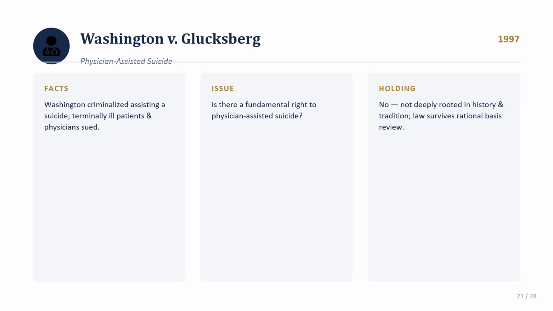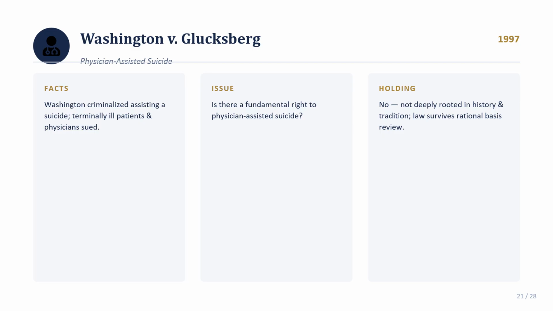Okay, so the facts of the case: this is physician-assisted suicide, I should say. Washington State had a law criminalizing assisting a suicide. So terminally ill patients and physicians who wished to participate in physician-assisted death sued, arguing that the law violated a constitutional right. The issue before the court was, is there a fundamental right to physician-assisted suicide?